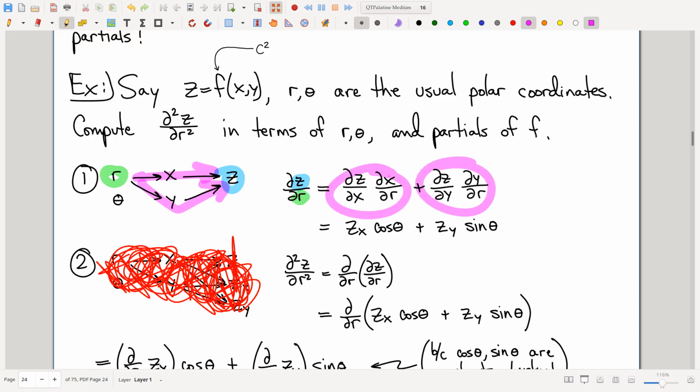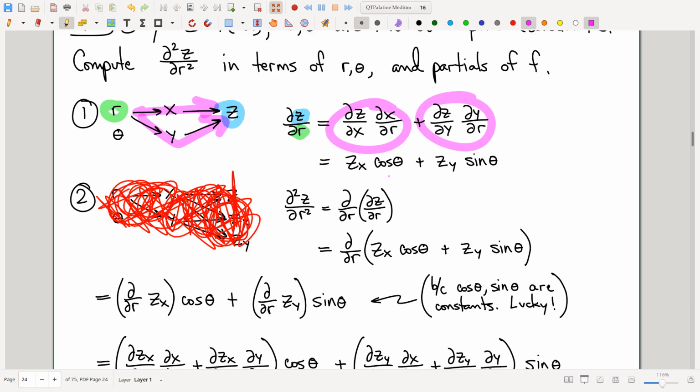That's our regular old chain rule. We can simplify a little bit there. After all, we know polar coordinates, and so these two partials are easy. I mean, don't forget, for example, y, that's r sine theta. So the r partial of that is just sine theta.